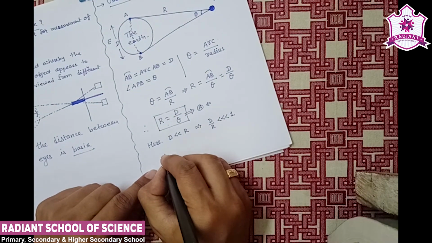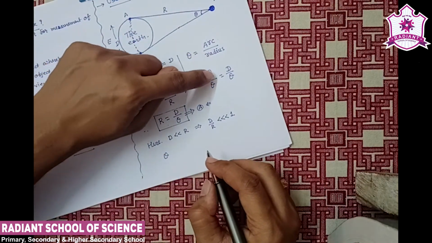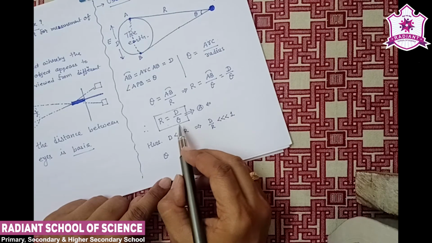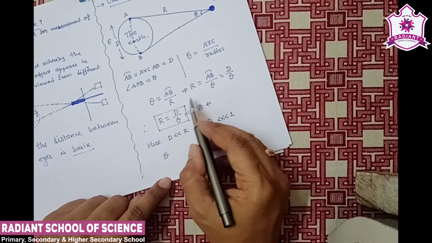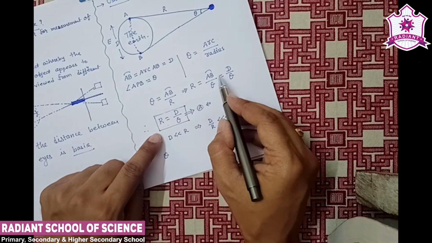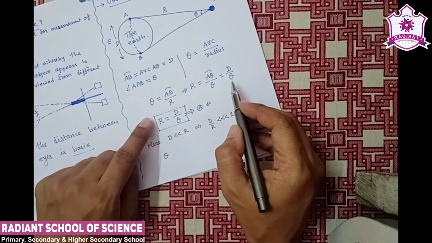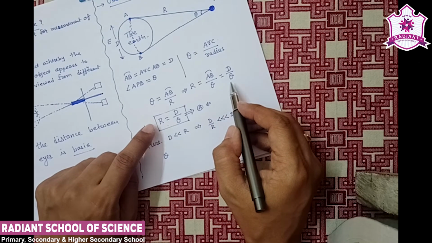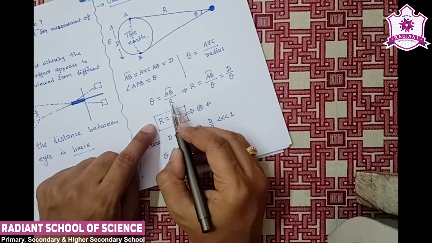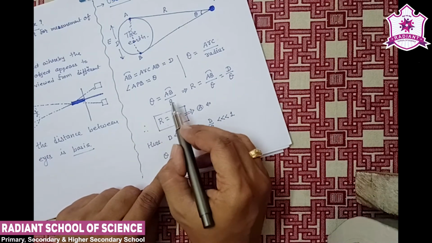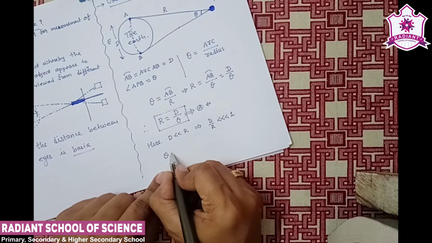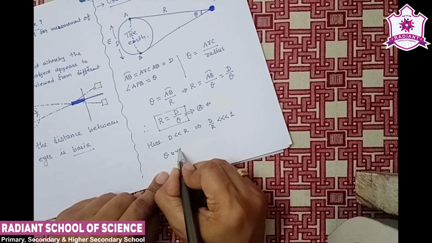Here theta is also, therefore, very small. If we make theta the subject, d upon r is very small, so this angle is also very small.